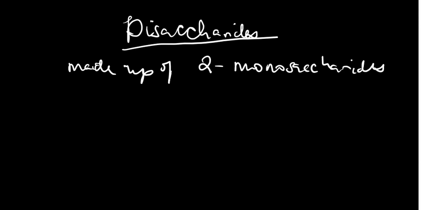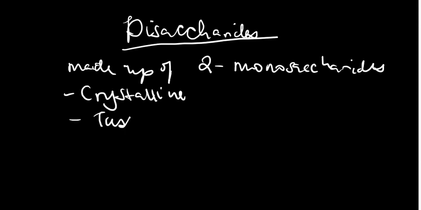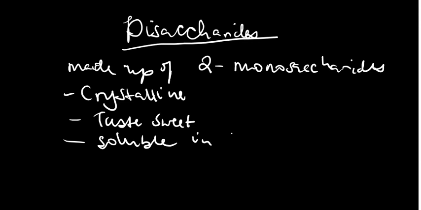These are made up of two sugars or two monosaccharides, and they are also crystalline in nature. They taste sweet and they readily dissolve, so they are soluble in water.